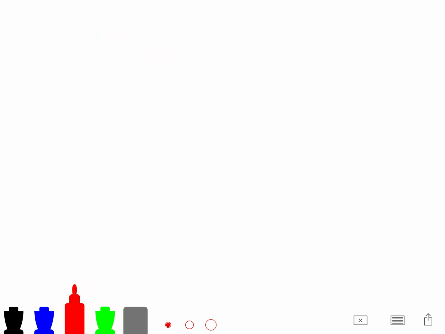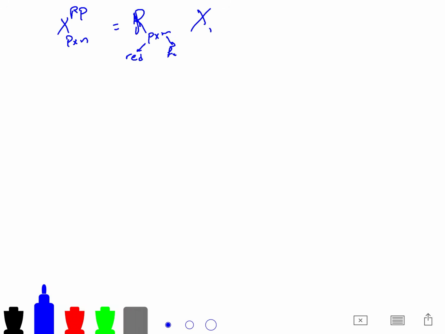So let's talk about random projections again. So x random projection, which is p by n, is R, which is a random projection, p is the reduced dimension, and m is the features size, times x, m by n. N is the number of samples, and m is feature. So in large dimensions, R transpose R is nearly identity.